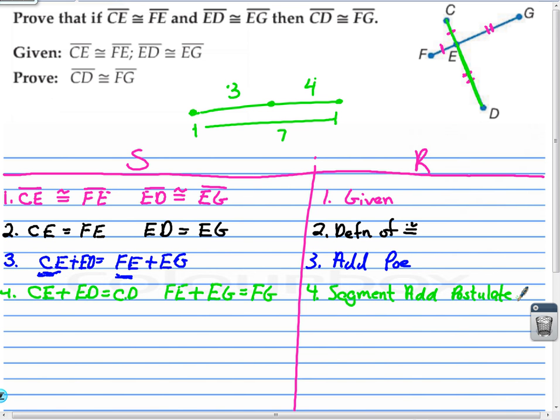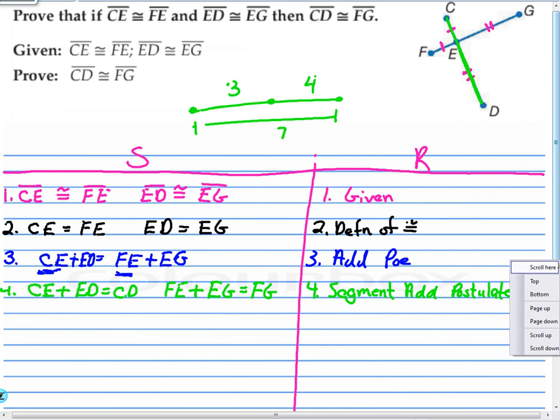Angle addition postulate, don't forget it. Definition of bisect, definition of a midpoint. Don't forget those things, because you'll have proofs that are going to need them. And that's one of the hardest things about geometry: what did I do back in chapter 1? But it all builds on each other, and honestly, sometimes it's hard to forget.